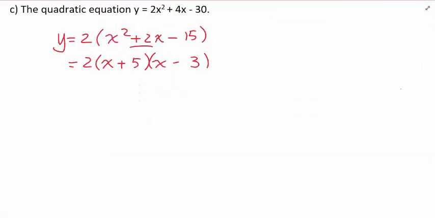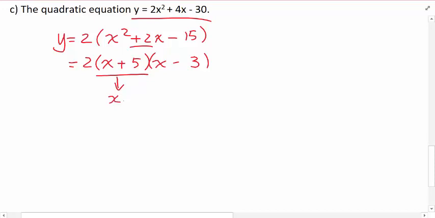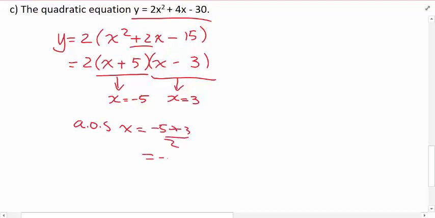Okay, so for this question, you're given standard form. You want vertex form. Basically, you have to find the vertex. I'll teach you another way later. But for now, we will find the vertex. So x equals -5 here, and then x equals 3 over here. You find your axis of symmetry. And x equals (-5 + 3)/2, which is equal to -1.